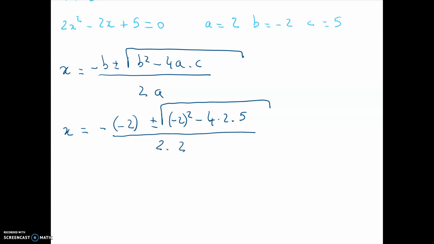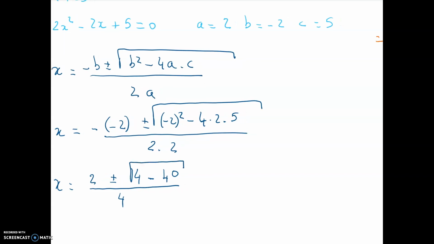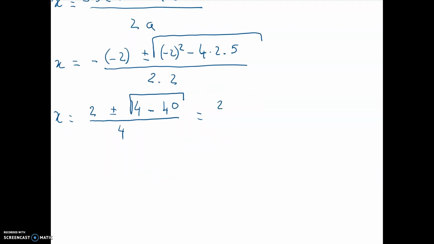so 2 times 2. So x equals 2 plus or minus the square root of 4 minus 4 times 5, 20, multiplied by 2, 40, so minus 40, I'm sorry, divided by 4. I'm going to redo this. There we go. So x is equal to 2 plus or minus the square root of negative 36 divided by 4.